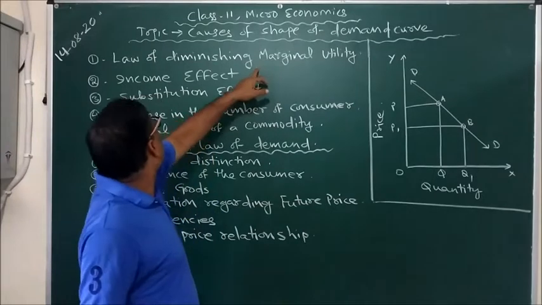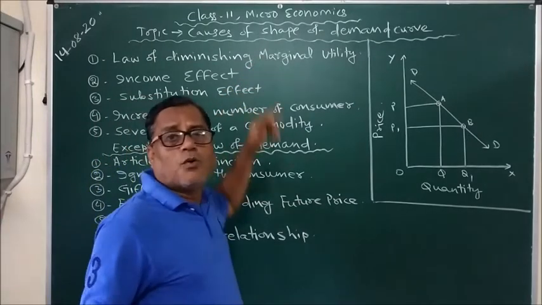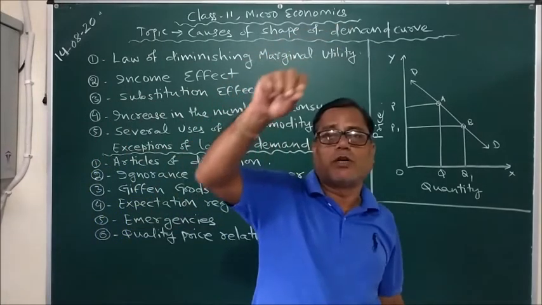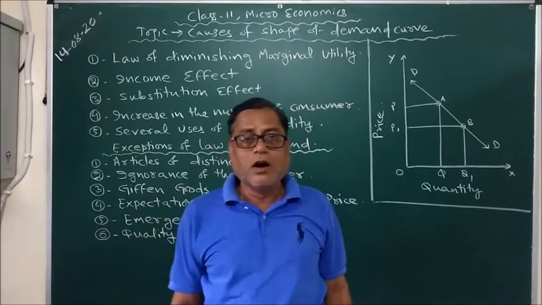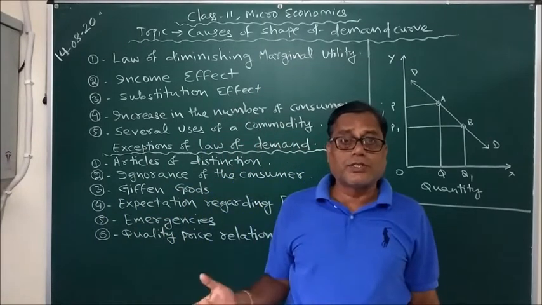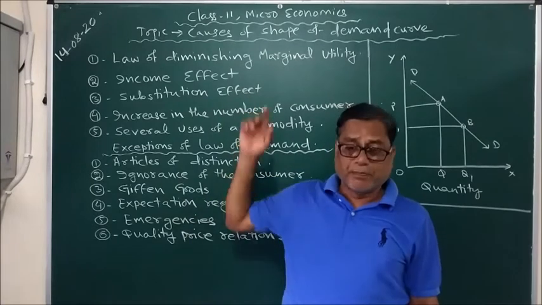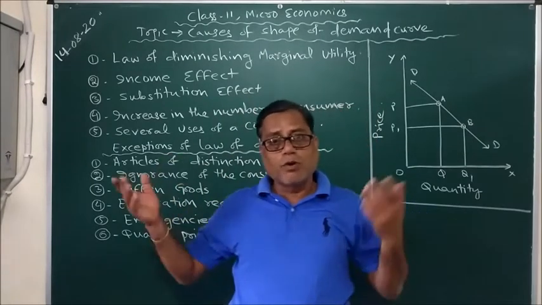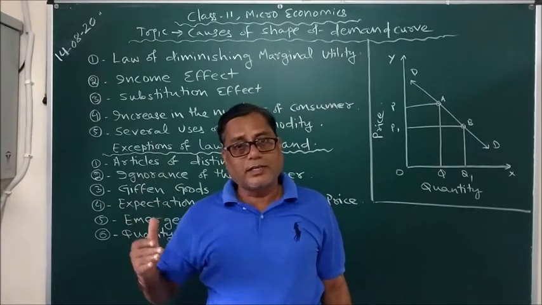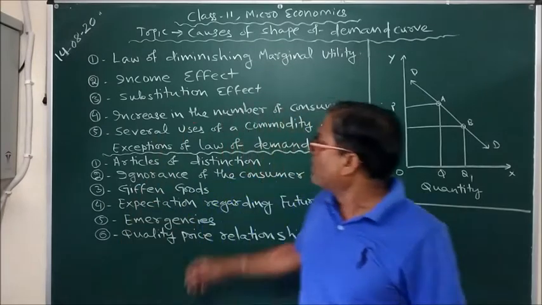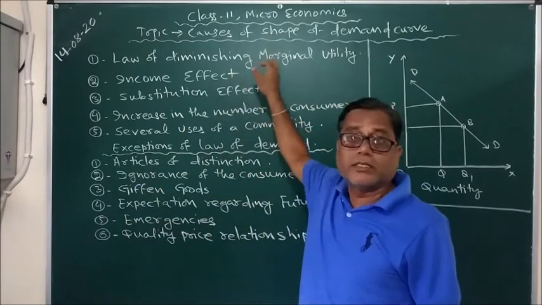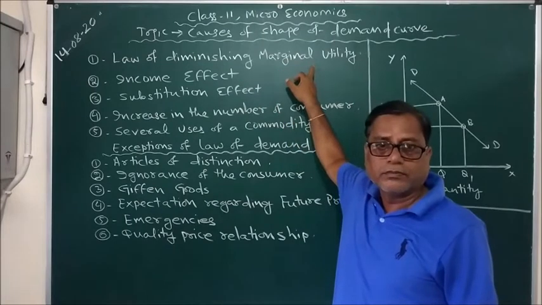So first come to the reasons why the demand curve slopes downwards from left to right, or what are the reasons that people buy more when price falls and buy less when price rises. The first reason is the law of diminishing marginal utility.